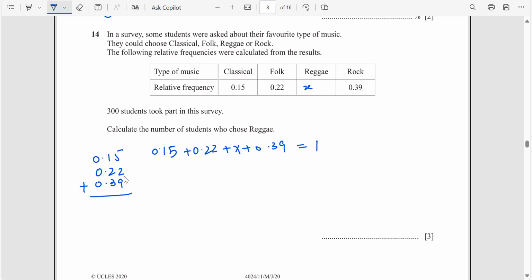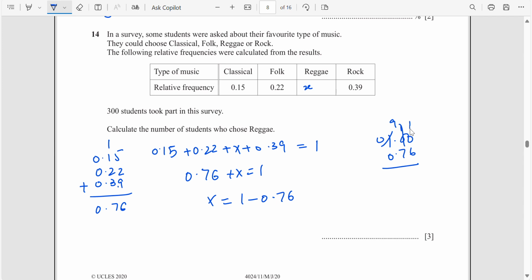So 9, 10, 16. So we get 0.76 plus x is equal to 1. To find x, we'll subtract 0.76 from 1. So x is 0.24.